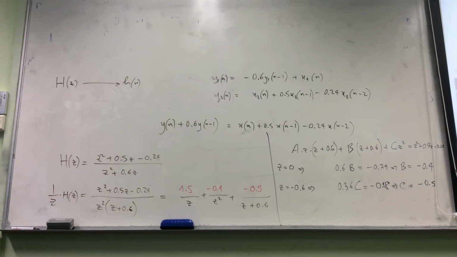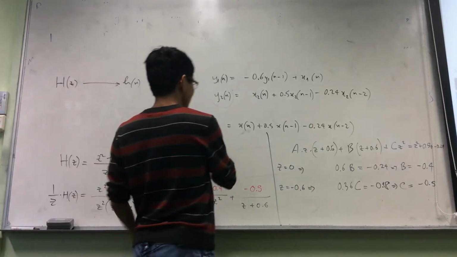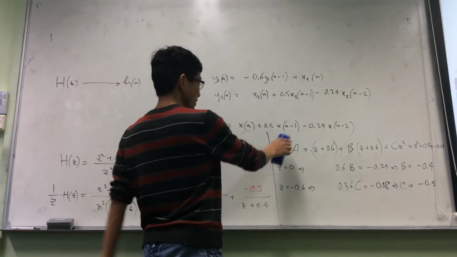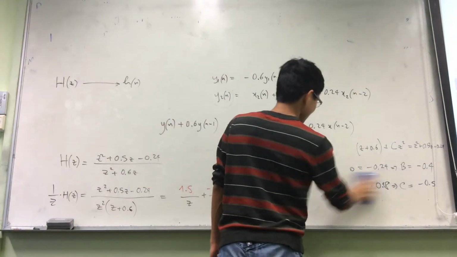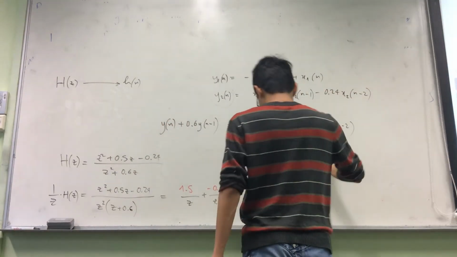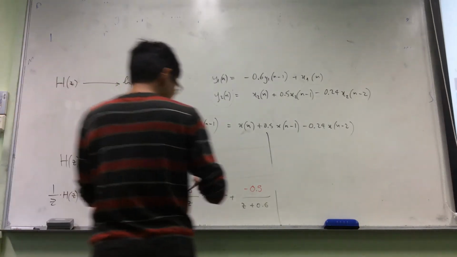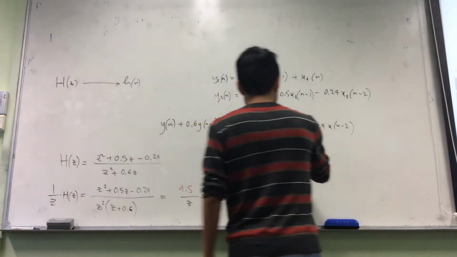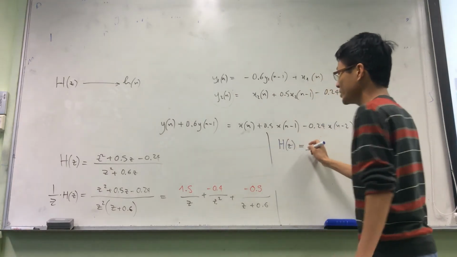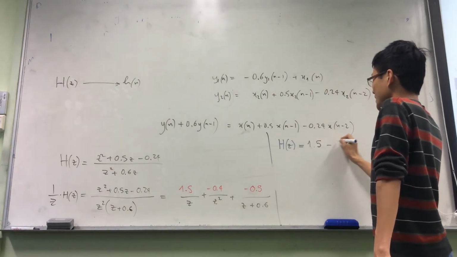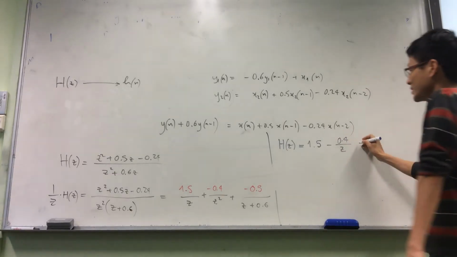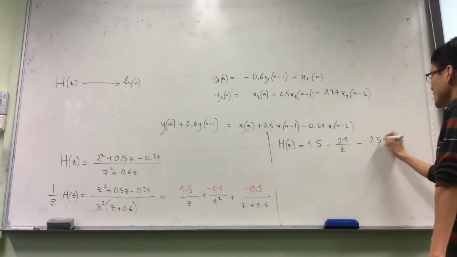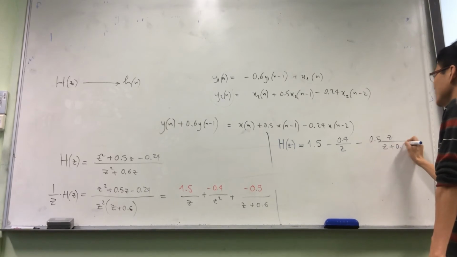Now, the next step, you're going to put z back on there, because we divided by z. Then we get back to H(z), the original one. So H(z) will now be equal to 1.5 minus 0.4 over z minus 0.5 z over z plus 0.6.